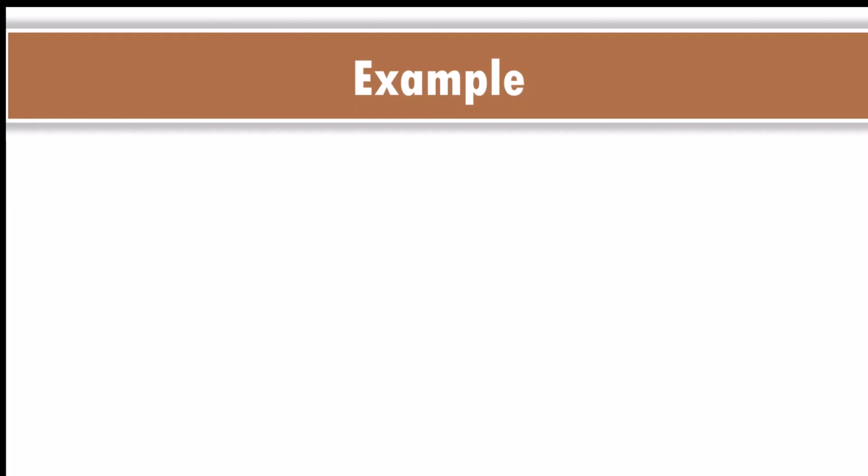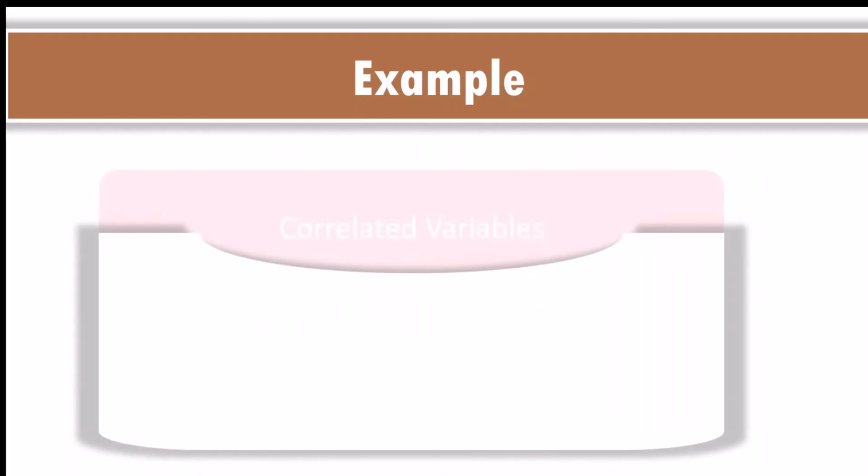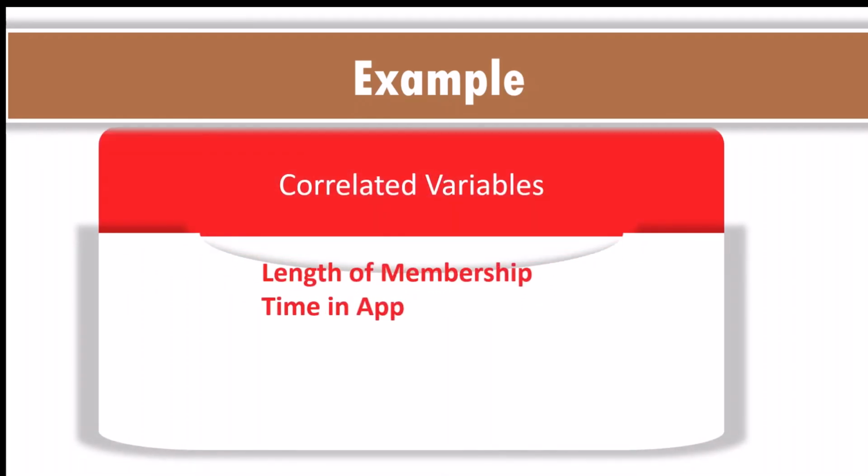The first step we did was to find out how these input variables are correlated with the output variable. When I saw the correlation among these variables, we found that the length of membership and the time in app, both of these input variables, are highly correlated with our output variable.